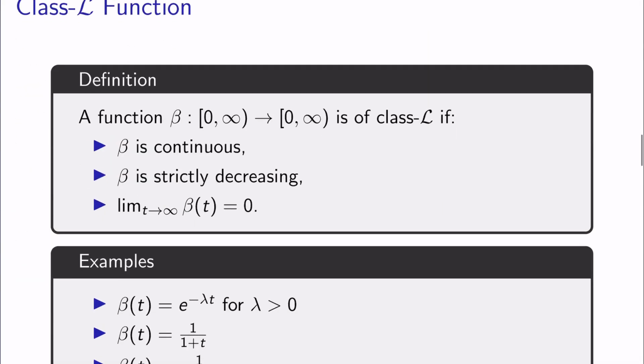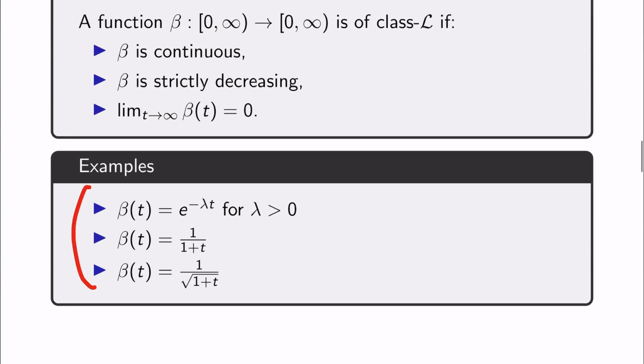So these are the types of examples, and you can check by taking the derivative and showing that for positive values of t, the derivative of the function is negative, hence strictly decreasing. You can also show that as t goes to infinity, this goes to 0.